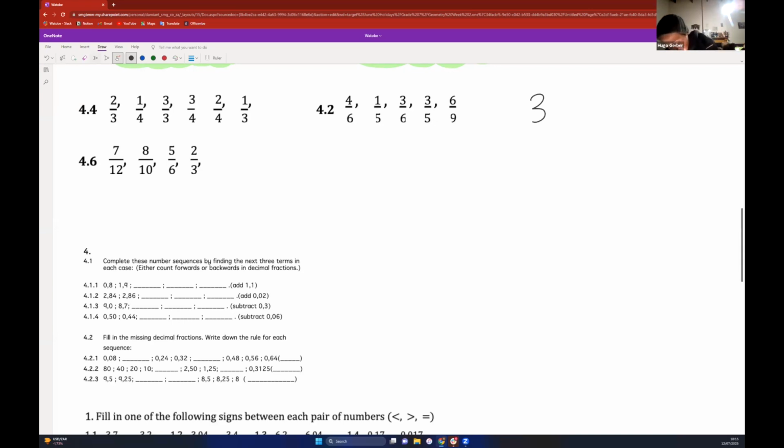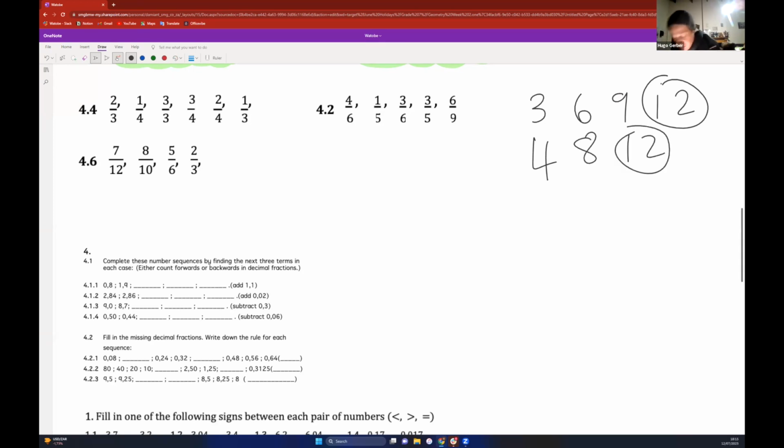So we have 3, 6, 9, and 12. And I already know 12 is going to work. Let's just make sure. The multiples of 4, we have 4, 8, and 12. So there's nothing smaller. It has to be 12 for both of them. They don't have an 8 in common. They don't have a 4, a 9, a 6, or a 3 in common. So it has to be the 12s, okay?